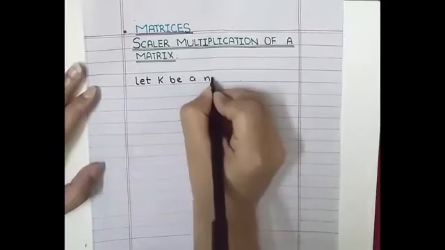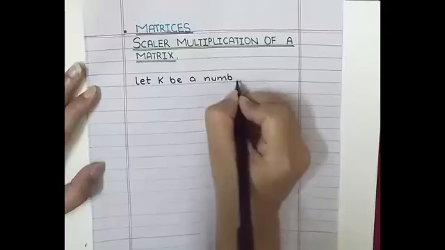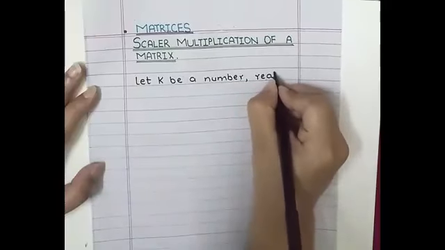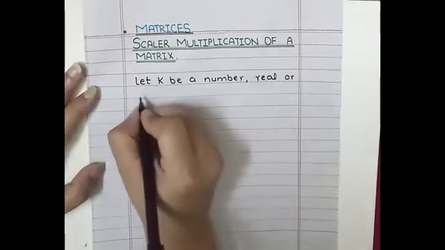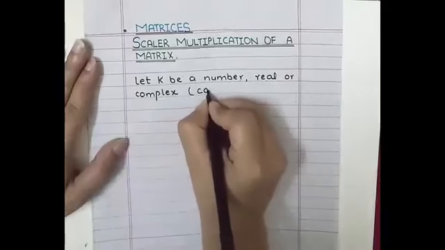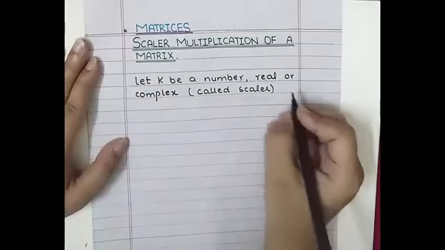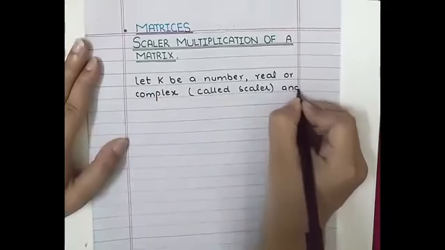Let k be a number. It may be real or complex, called a scalar. That number k is called a scalar, and A is any matrix.